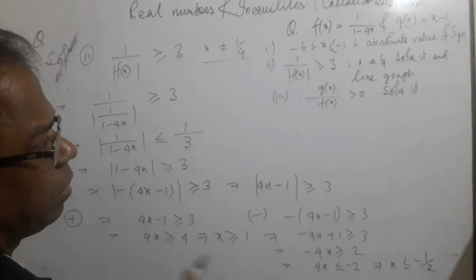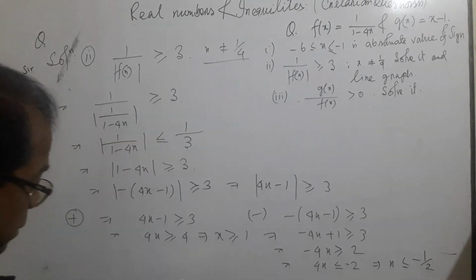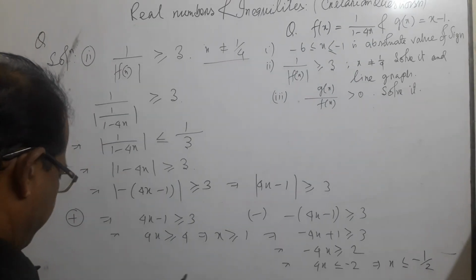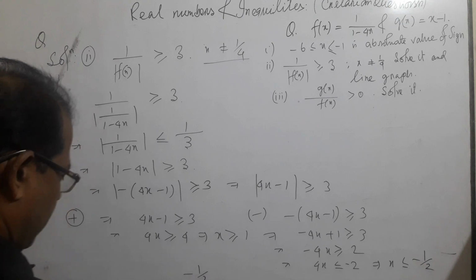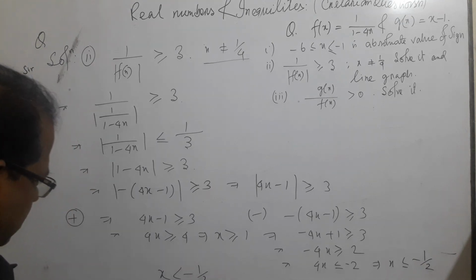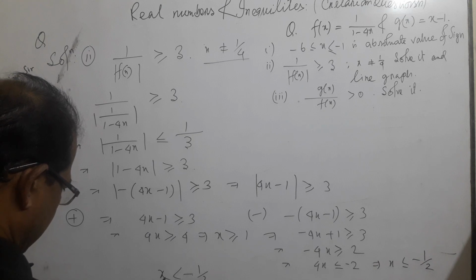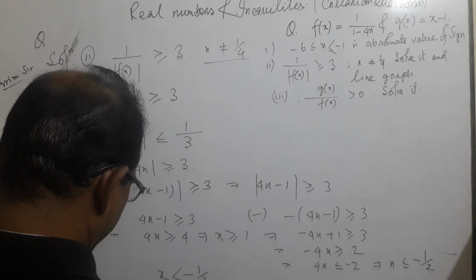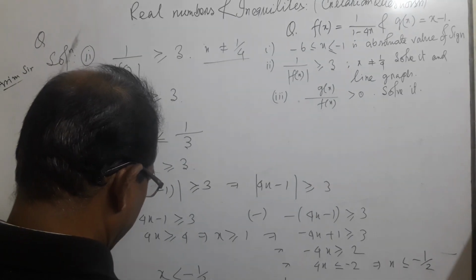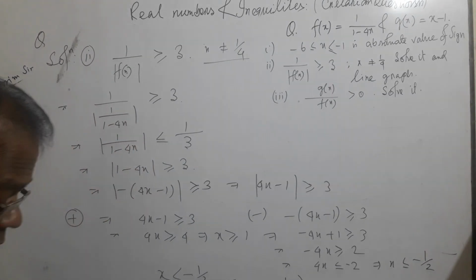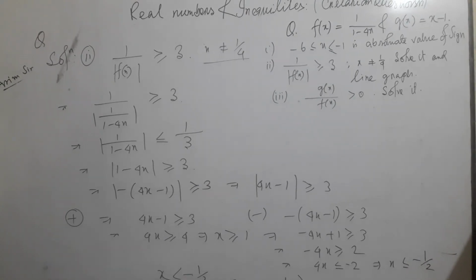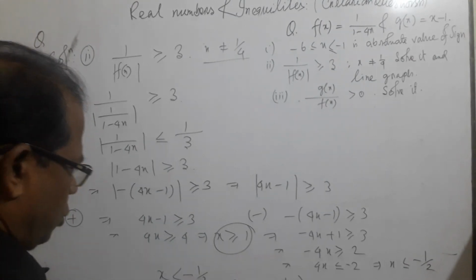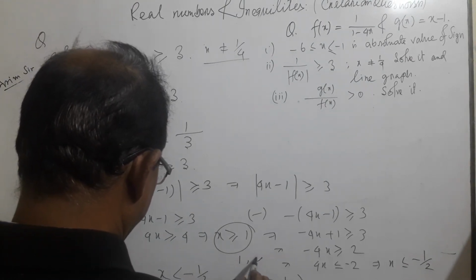So solve it. This is the solution and line graph. And you have to draw the line graph. So minus half is less than x. So we have minus infinity to minus half as the boundary of the limit, and greater than x, so 1 to infinity.